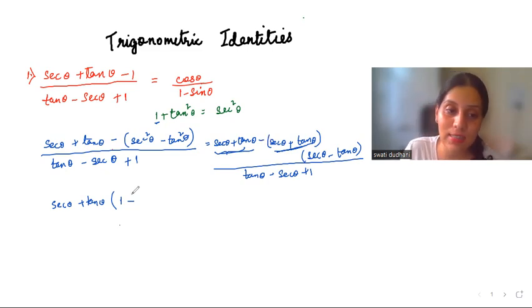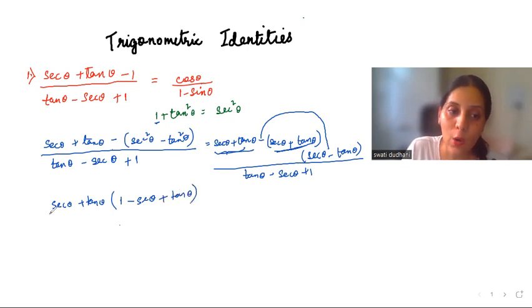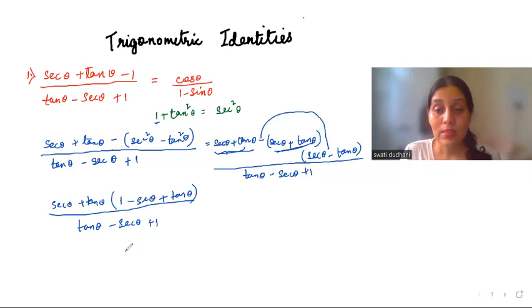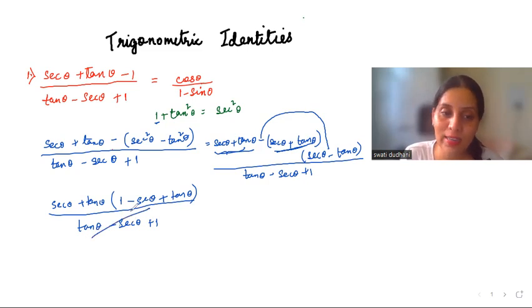So minus secant theta, minus into minus will give you plus tan theta, whole by the denominator, which I'm going to write as it is. Now the bracket part in the numerator and the denominator, plus 1 minus secant theta plus tan theta, they are all the same, so I can get rid of them. So now secant theta plus tan theta is left over.